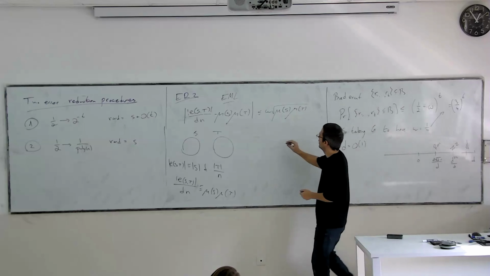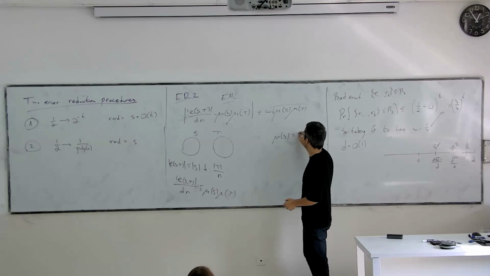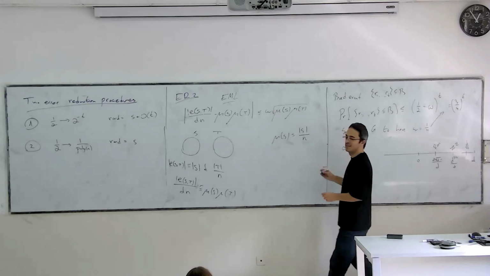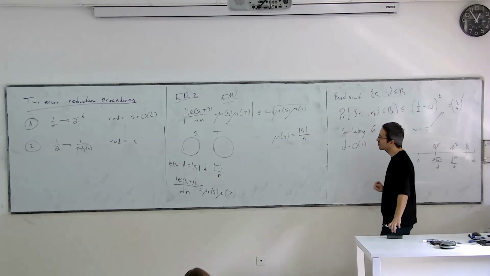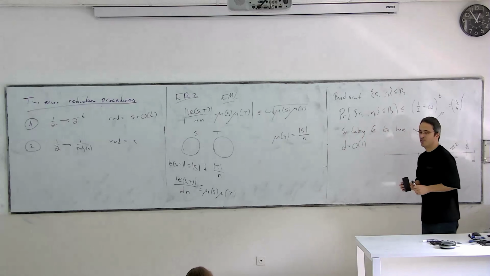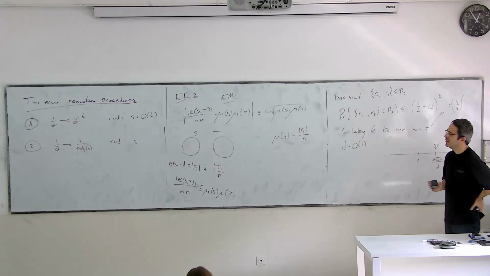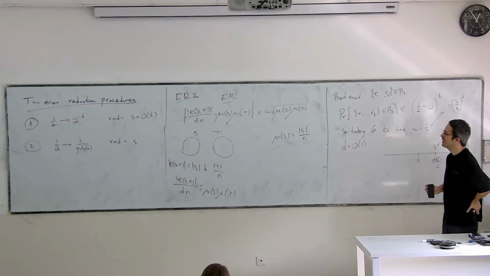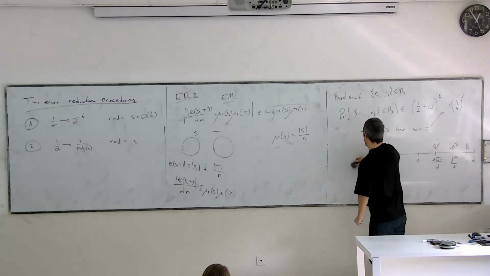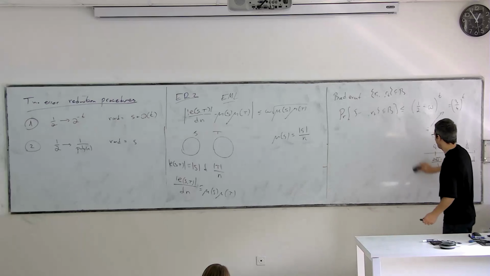Mu of s is the density. I'm using the notation from the homework. I guess we didn't prove this yet, but let's use that.